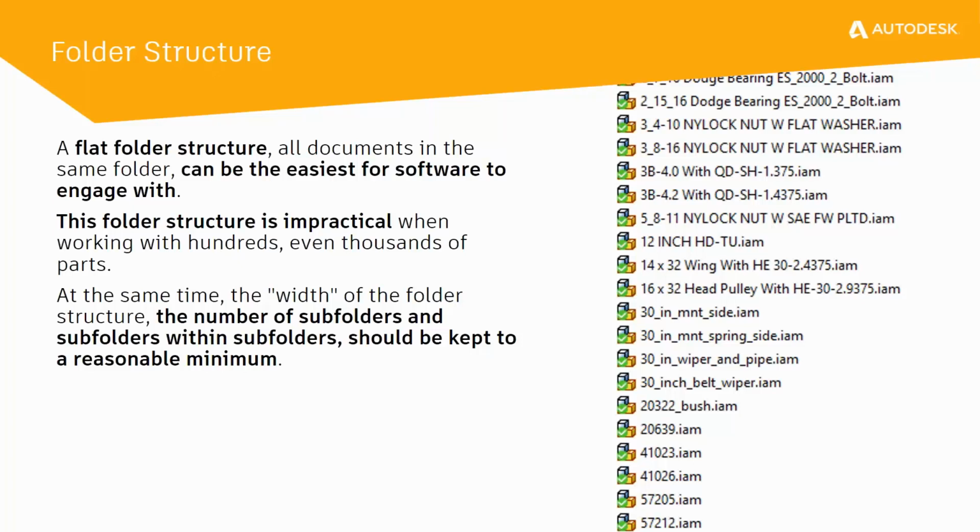The challenge is when you've got, say, a 10,000 part assembly, to contain all of that information inside of one folder is unreasonable or impractical. The reality is that you're going to need to use subfolders, but what you want to do is get in the habit of not going overboard. So we don't want to have all of our files inside of one folder. We don't want to have hundreds of folders with very few components in them.